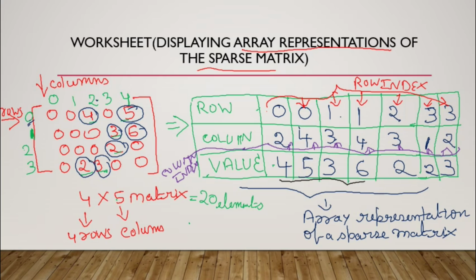These are the values, at the given row and column. Given row and column, all these values. You can put an arrow there and make it very clear. So this is all we have in the array representation of a sparse matrix.